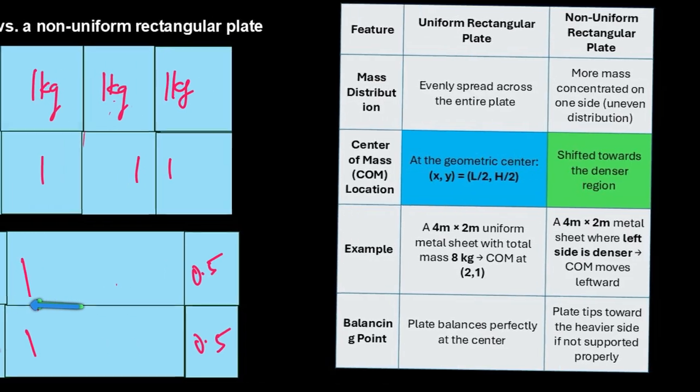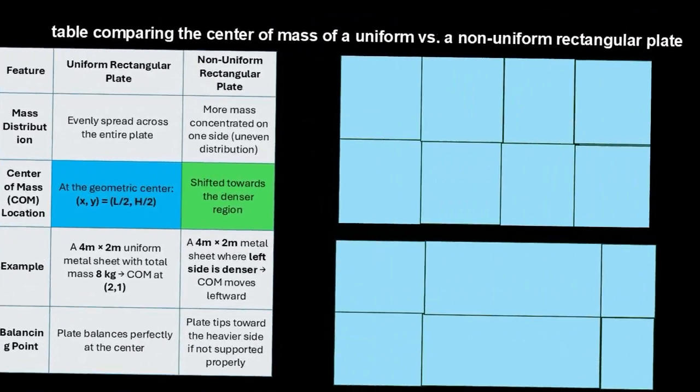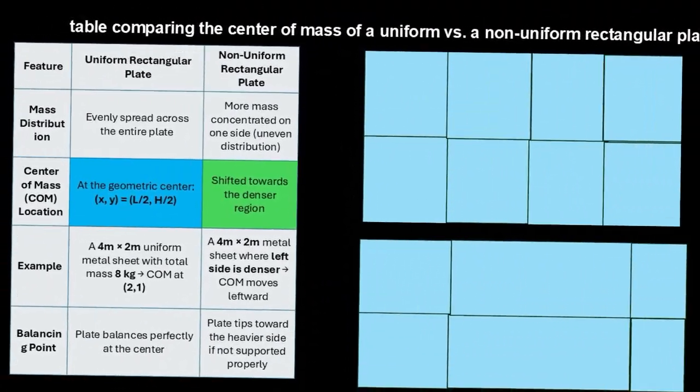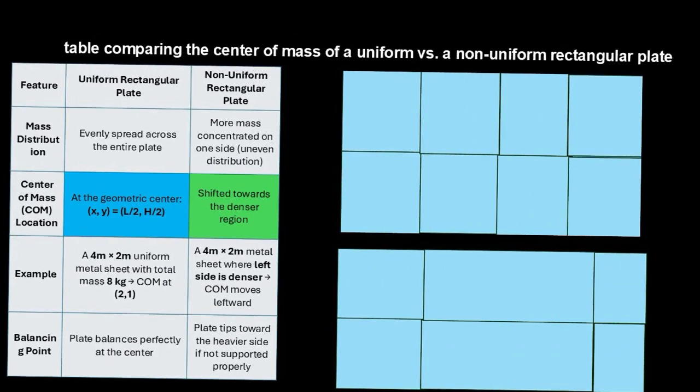Now let's see the difference between the center of mass considered to be the geometric center, which I tried to do in the previous section. If this was the center of mass of even distribution, we know that it will shift towards the denser region, maybe somewhere around here. This will be the center of mass of uneven mass distribution.